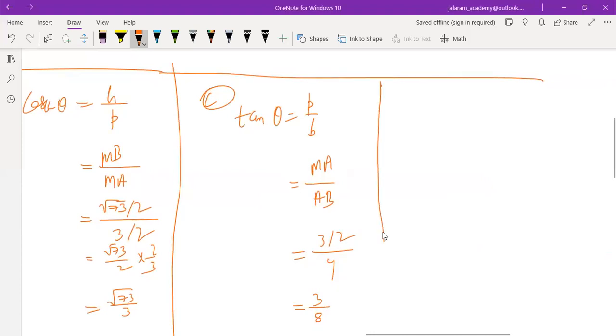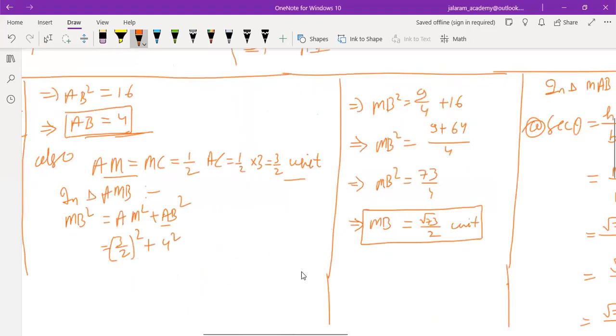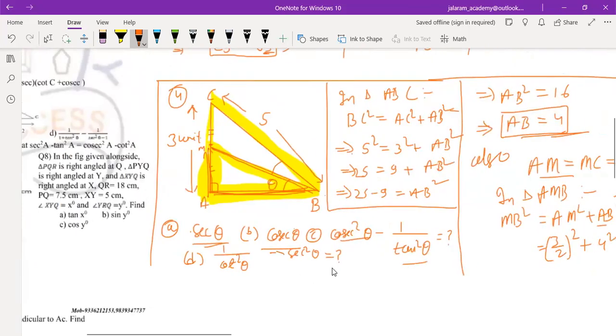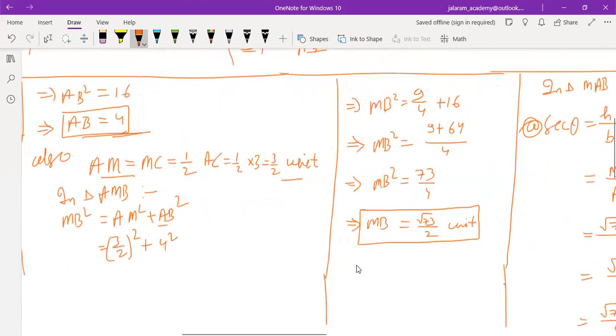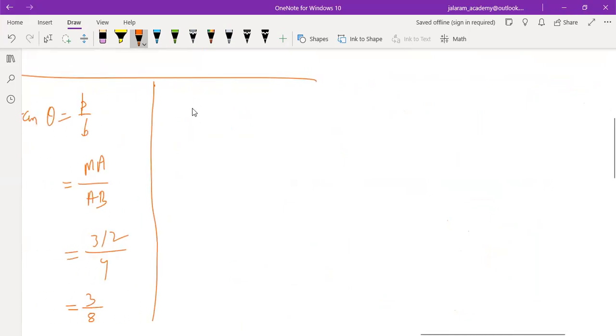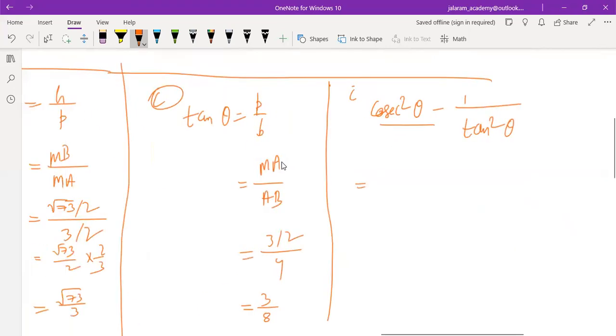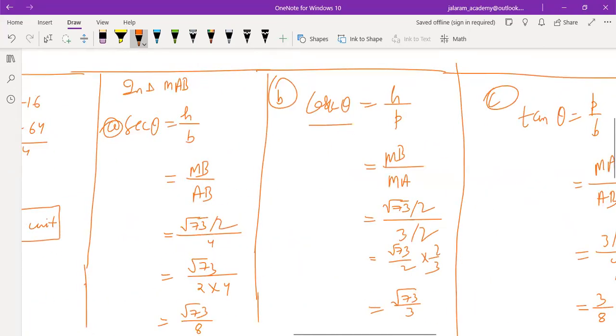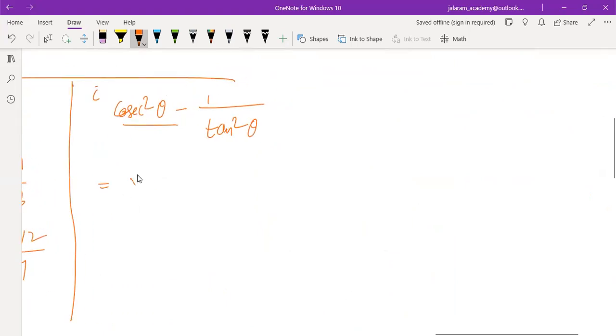And what we have to find in part C? In part C, we have to find cosec square theta minus 1 by tan square theta. So we write cosec square theta minus 1 upon tan square theta first of all. Then use the value of cosec theta. So what is the value of cosec theta? It is root 73 by 3. Root 73 by 3 whole square. Okay.